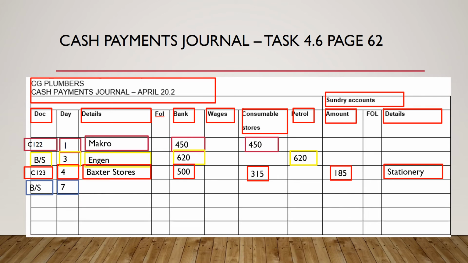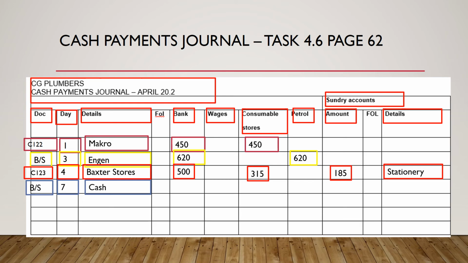On the 7th, it tells us that we paid wages by electronic transfer. And as you know, our electronic transfers are done online. So our bank statement comes into play. Therefore, our source document is bank statement. This transaction occurred on the 7th of April 2002.